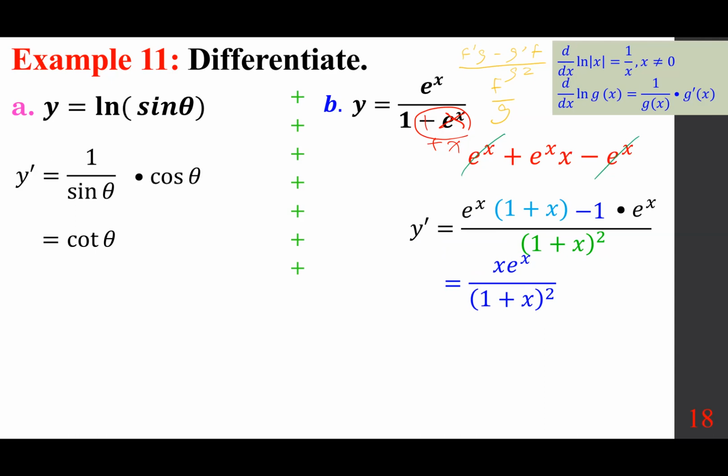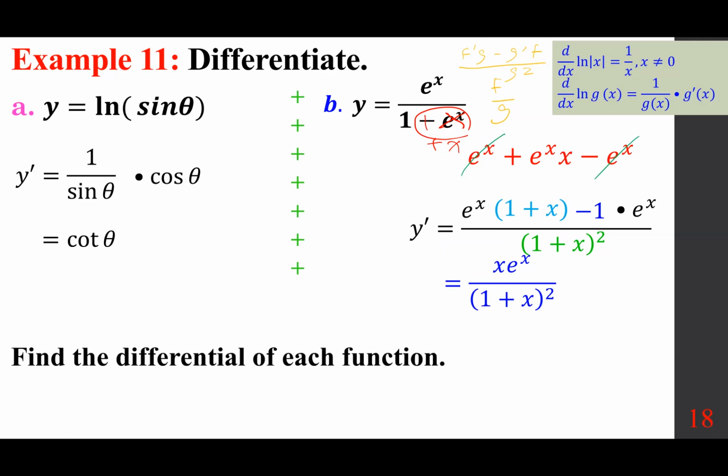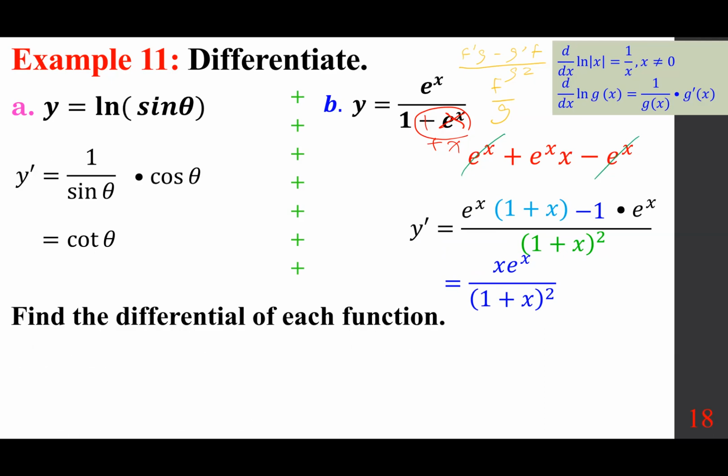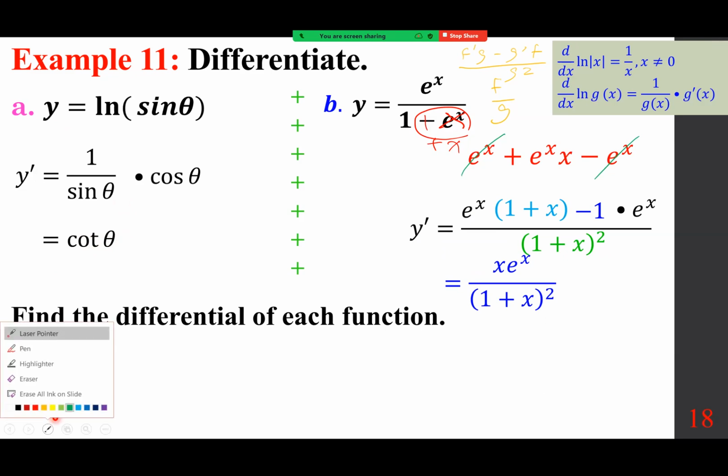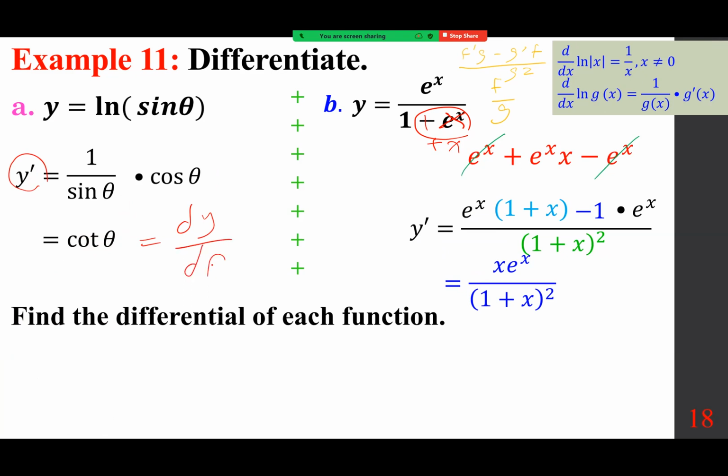And the purpose of this question was actually to find the differential of each function. So in order to find dy, all we have to do is tag along d theta, because in this case y prime is dy d theta, because theta is the independent variable.